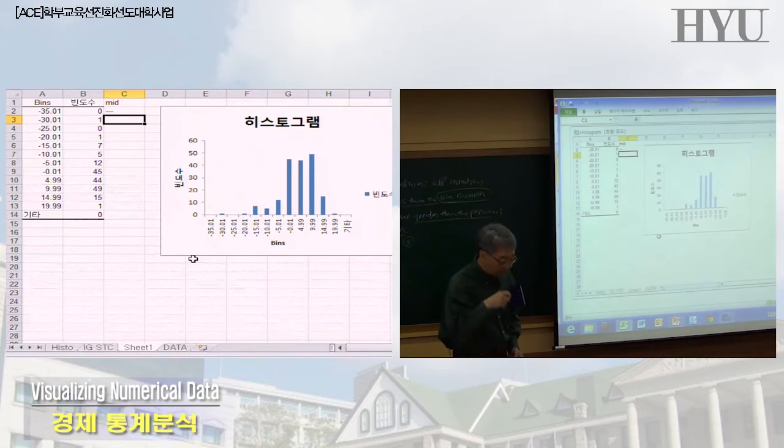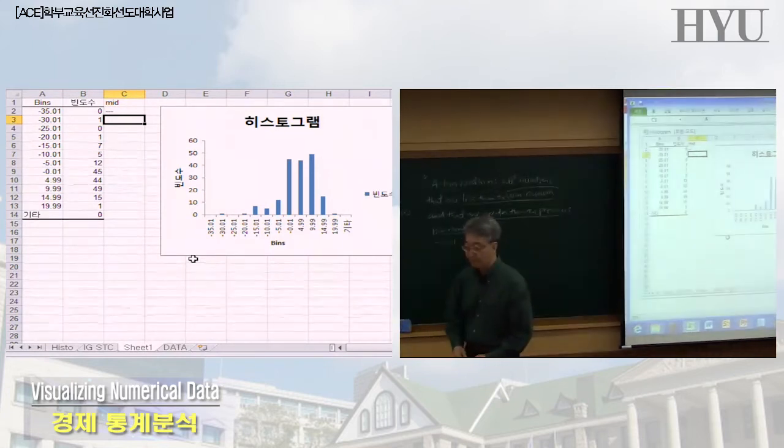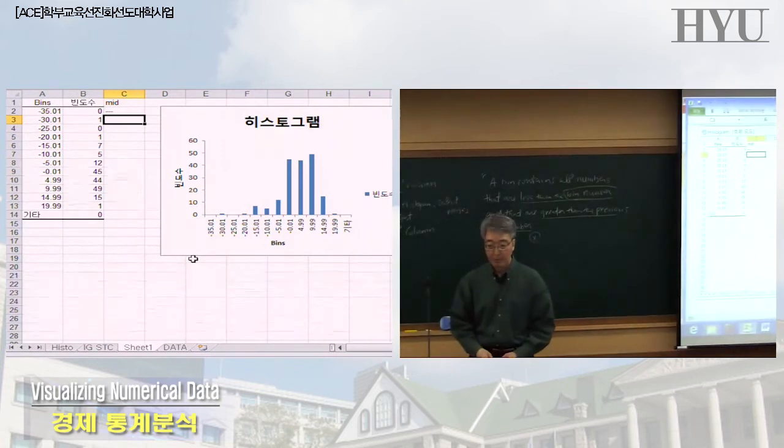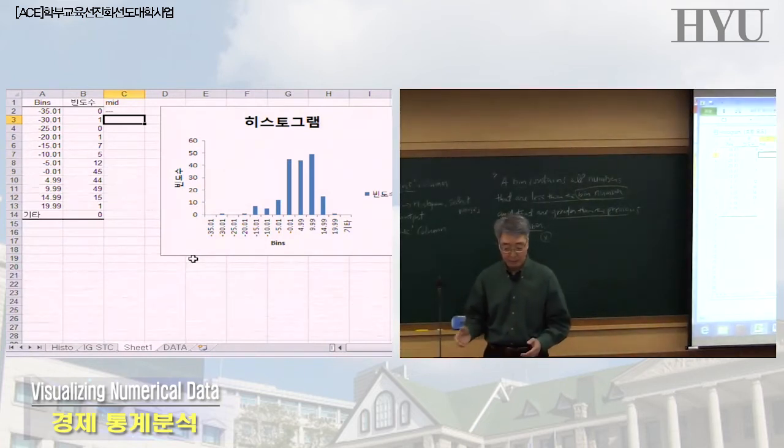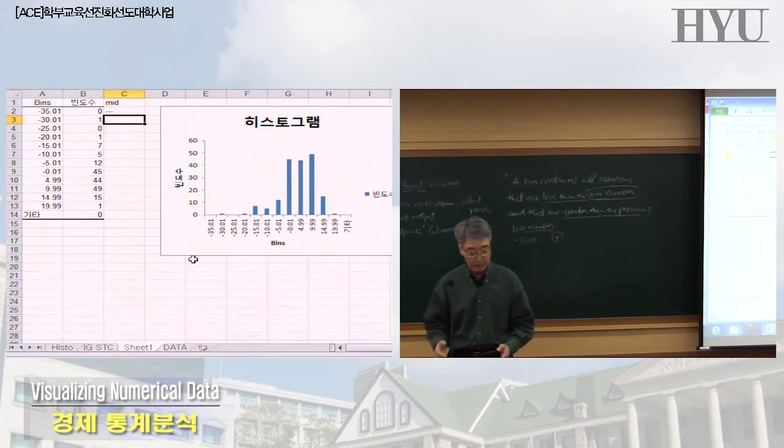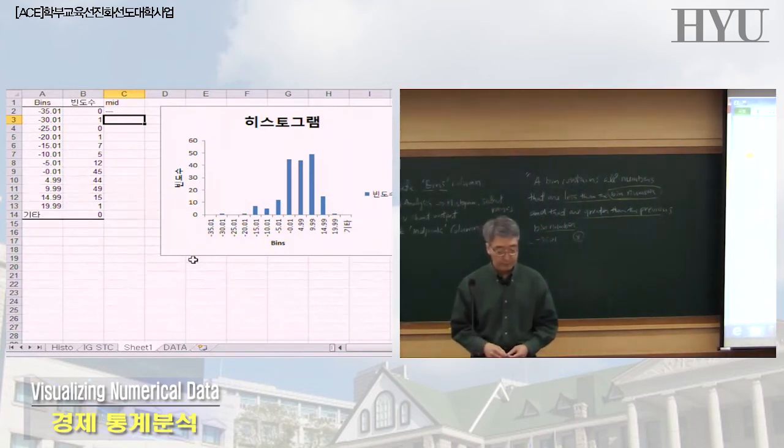Any idea? What's the center between negative 35.01 and negative 30.01? Negative 32.5 something, right?